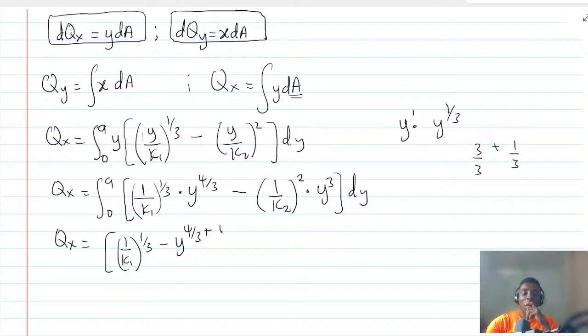When we are doing integration, we add 1, then we divide by the new power. So 4 over 3 plus 1 is the same as 4 over 3 plus 3 over 3, which is 7 over 3.